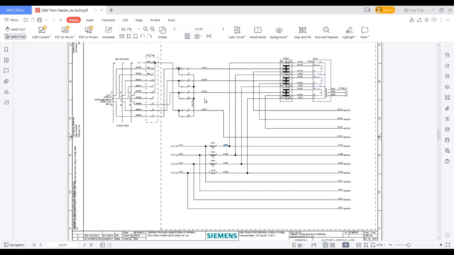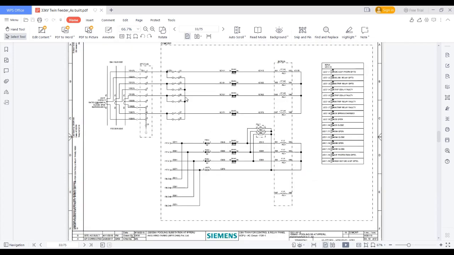Again repeating, H represents AC cable, J represents DC cable, K represents control cables or indication cables, E represents PT cables, D represents metering CT connections, C represents protection CT connections, E represents PT signals. Okay.